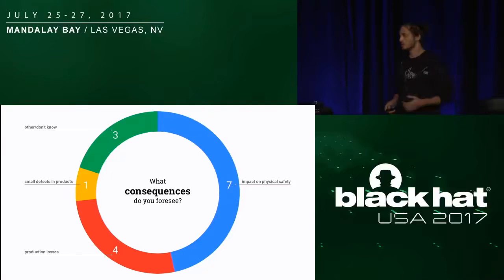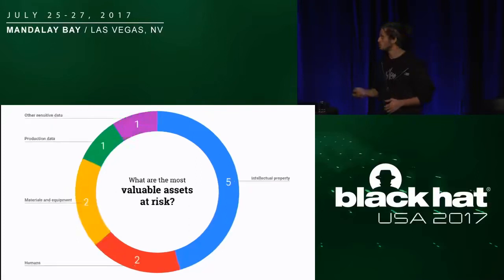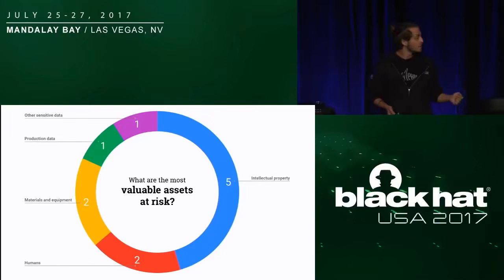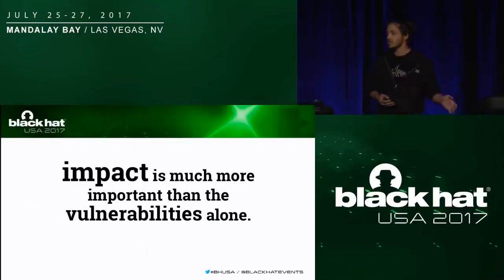The other question that follows is, of course, what are the most valuable assets at risk? Well, they are, of course, intellectual property. On the controller, there's code that is specific to a certain production, so this might be part of the intellectual property of the business. But they also cared for humans and for materials and equipment. So as you have seen in the last few slides, the impact is much more important than the vulnerabilities alone.